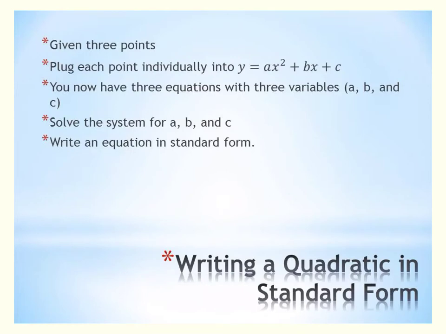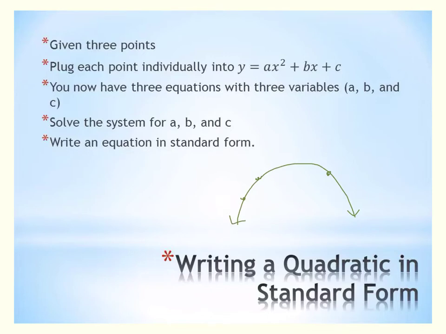The next example, our last example, is if we're just given 3 random points. They're not necessarily the vertex and the intercepts, it's just any 3 points. If you're looking at a parabola, maybe a trajectory, you're given those points, and I want to write an equation that goes through all 3 of them.